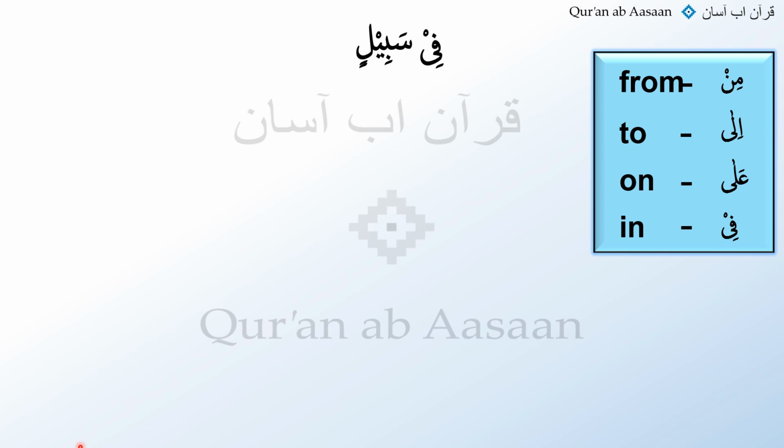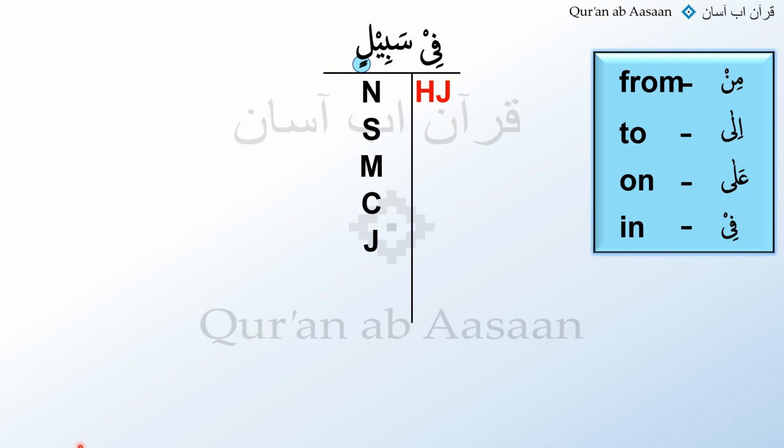All right, let's do another example. Let's just use only the relevant words and do it efficiently. What's the first thing we do? Color the tanween blue. Good. Dissect at fi, harfe jar, sabilin, noun, singular, male, common, jar. What do we do next? We look behind.